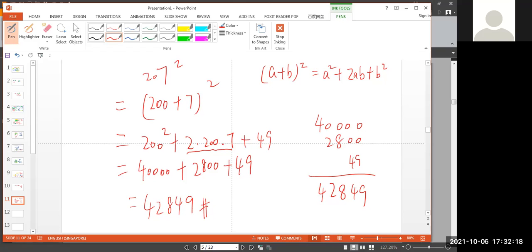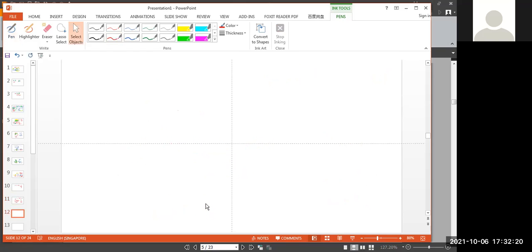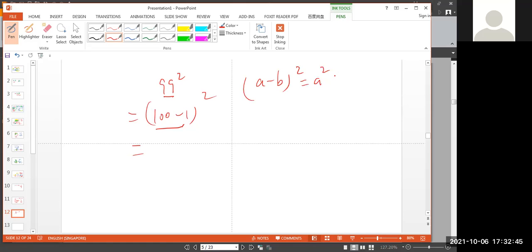So in fact, next time, let's say you see 99 square. If you are not allowed to use a calculator, 99 you can see as 100 minus 1 square, right? Because 99 is equal to 100 minus 1. And after that, you make use of the formula just now: a square minus 2ab plus b square.